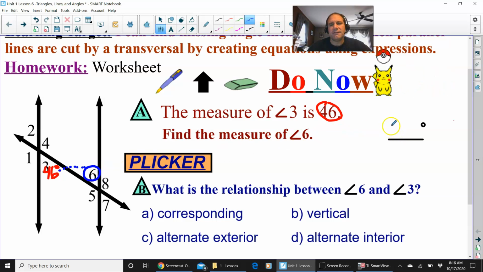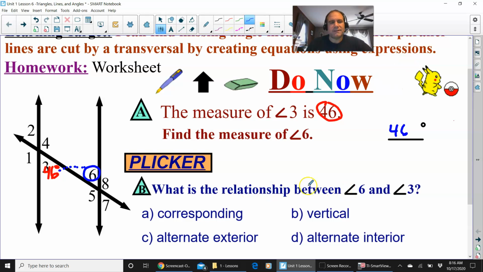So if you did say 46 degrees, you are correct. What is the relationship between 6 and 3? Are they corresponding, vertical, alternate exterior, or alternate interior? So go ahead and think about that, answer the question, and then we'll go over it.